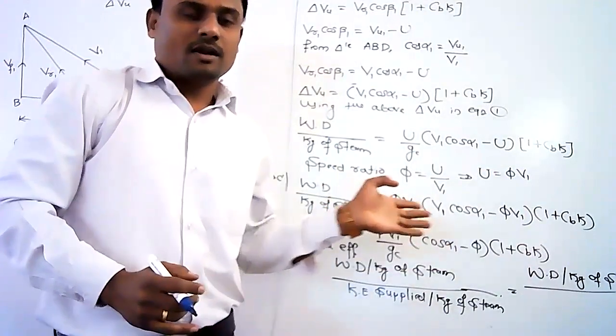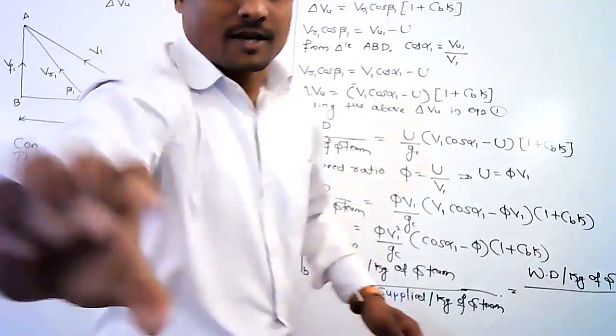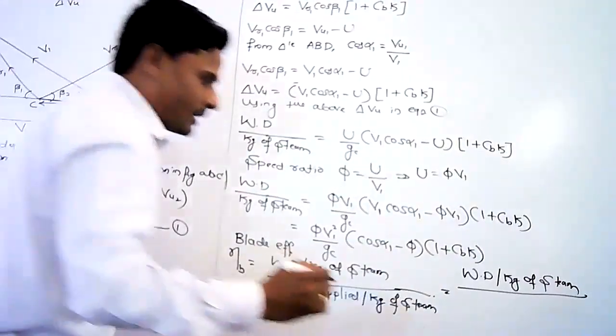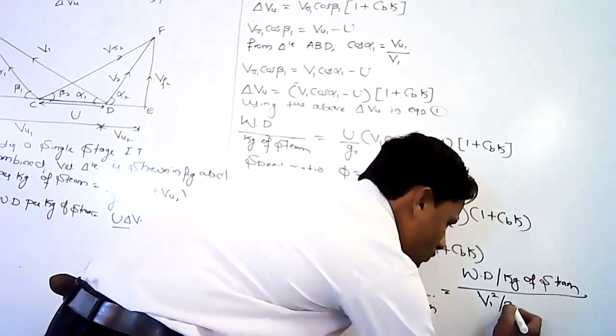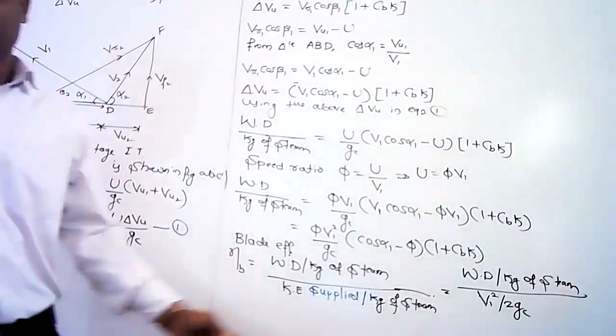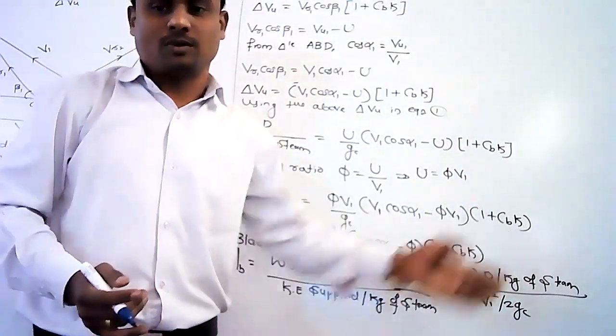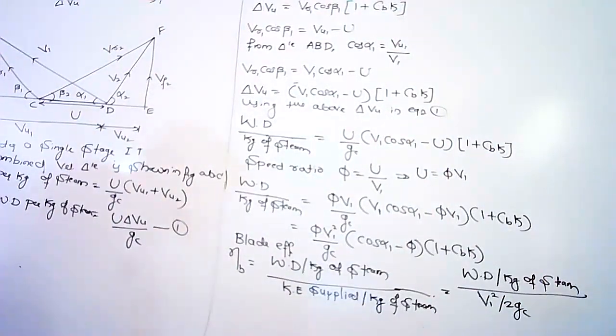As we are taking per unit mass, it is V1 square divided by 2Gc. So this is the specific kinetic energy supplied to the runner.